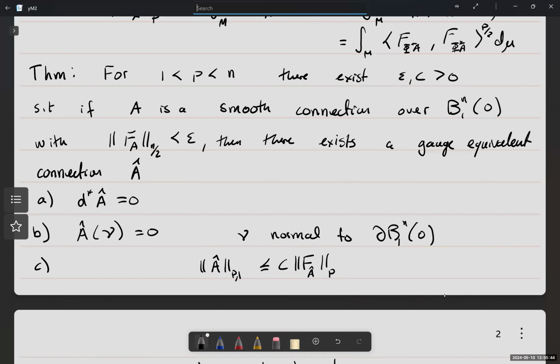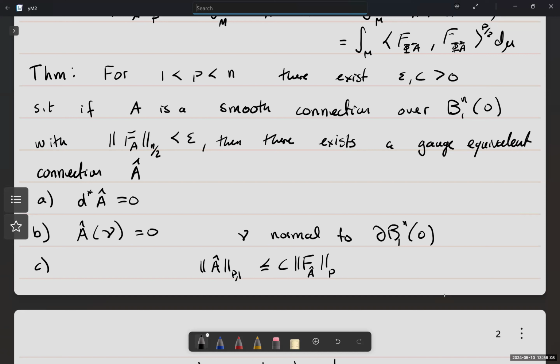But in this case, this theorem is true for p greater than 1. I've written less than n because the way I've done it, it doesn't work if p is equal to n. But it appears to be stated in that survey article by Donaldson. It says that this is true for p greater than 1, as long as A is smooth.